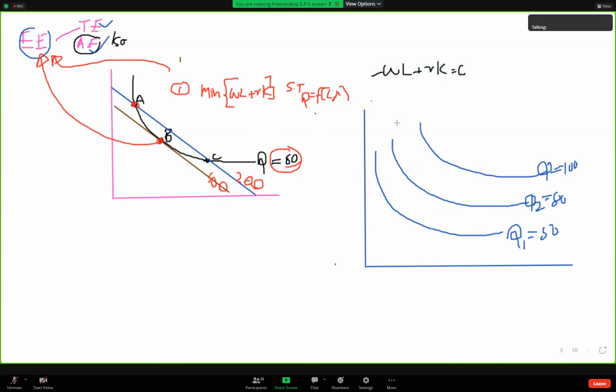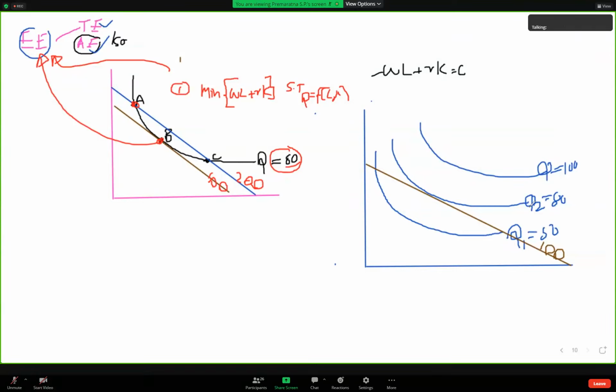When you try to do that, you can see the constraint is there, cost. You have to do it within the $100 budget, the given budget.